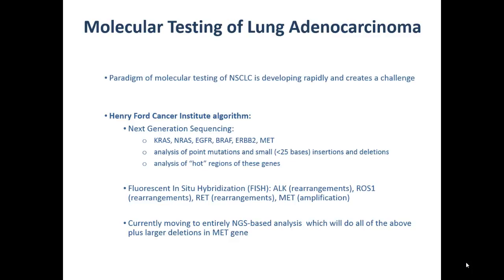So next generation sequencing, I don't know how many of you are familiar with that, but I'm sure you're familiar with PCR. You can imagine it as a multiplex, when you analyze many genes, focusing on the hotspots of the genes. A hotspot is a region of a gene which is prone to mutation over and over in the population of many cancers.